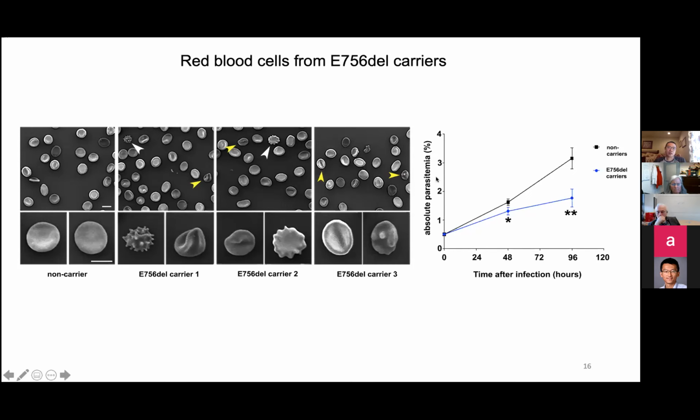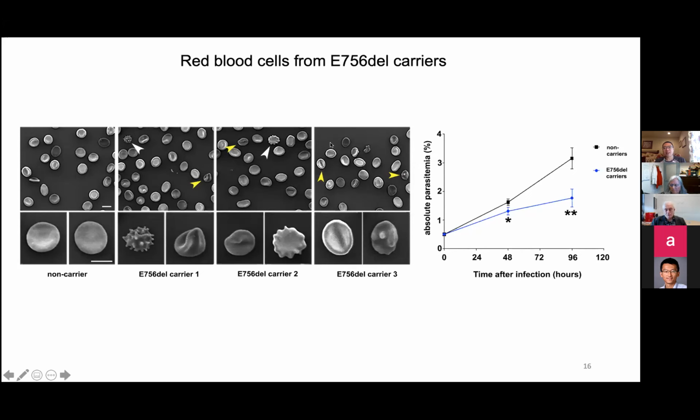What I observed is quite surprising and significant: some of their red blood cells show a dehydrated morphology compared to the non-carrier wild-type African American individuals. But we should notice that most of the red blood cells are still normal.